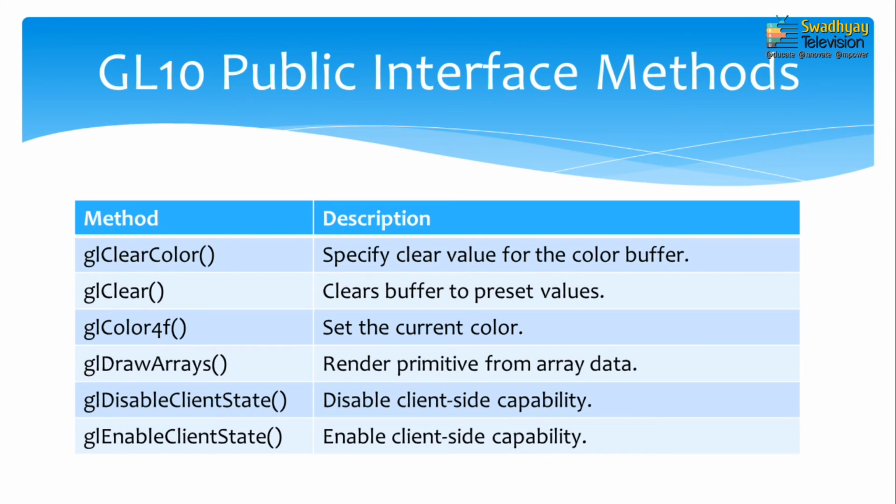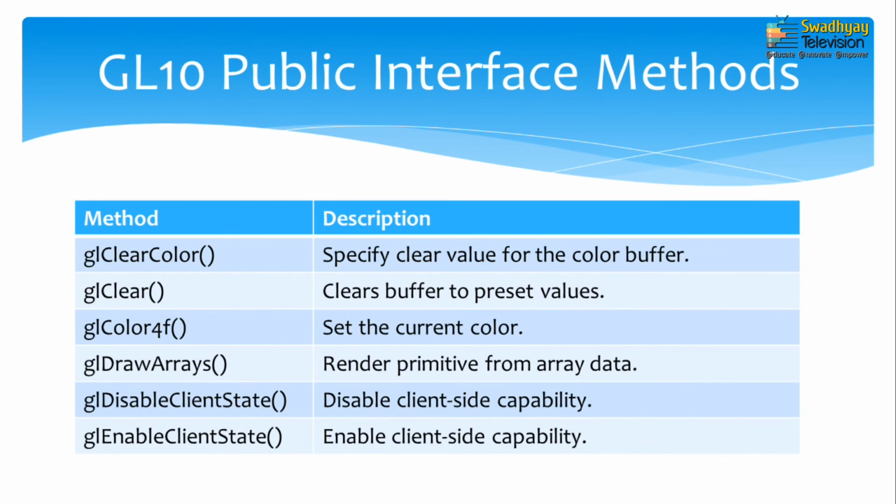The second method is glClear, which clears buffers to preset values, and we have the glColor4f method available, which sets the current color. For example, we can set red, green, blue or any color using this method for drawing. Then we have a function named glDrawArrays, which renders primitives from array data. Now, all these functions we are going to use in our program.